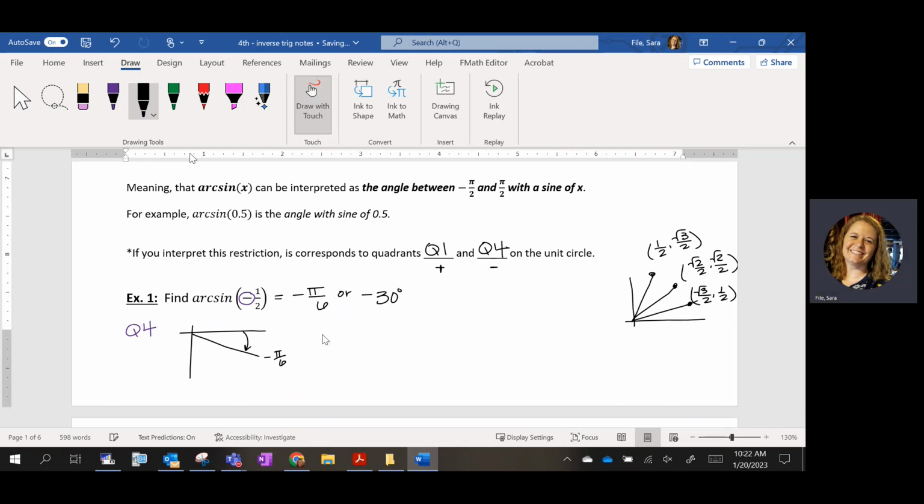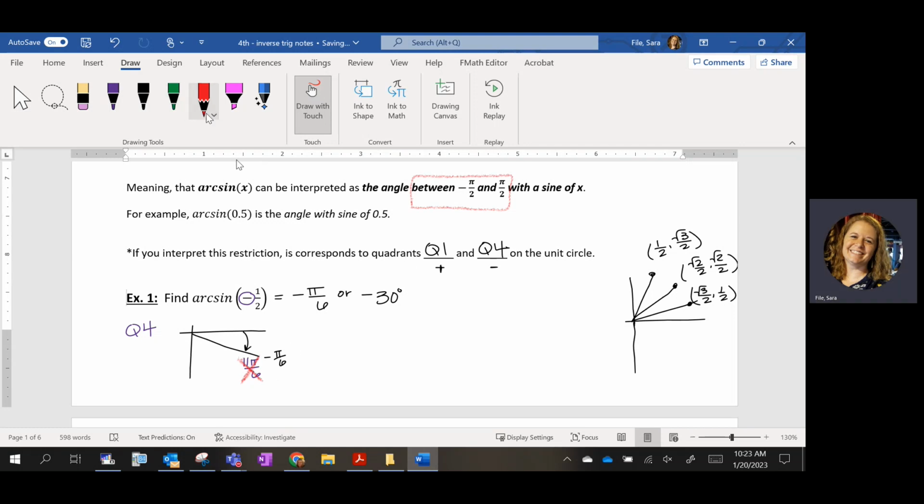Now, if you're looking at your unit circle, this point right here, this angle is going to be 11 pi/6, but 11 pi/6 is not the answer. We have to use the negative pi/6 because it has to be between negative pi halves and pi halves.